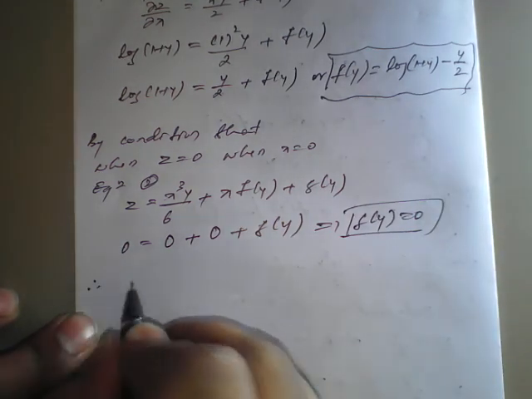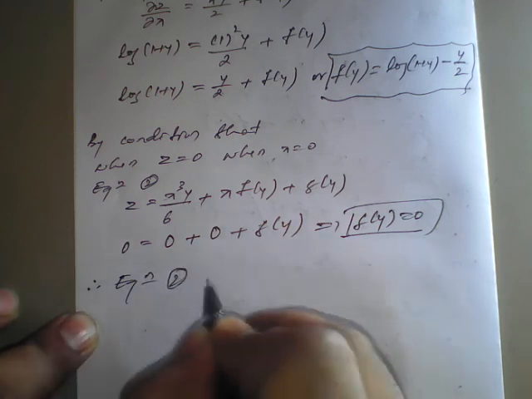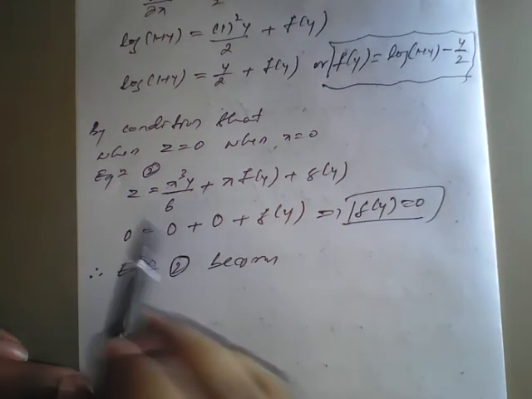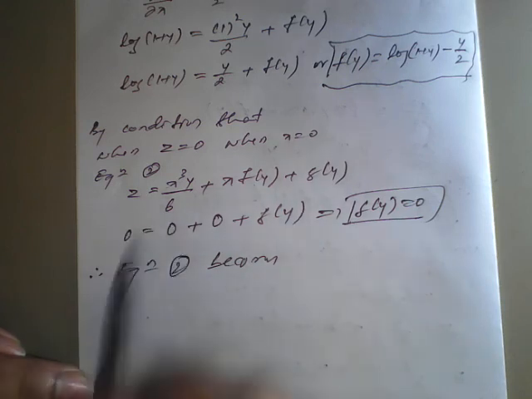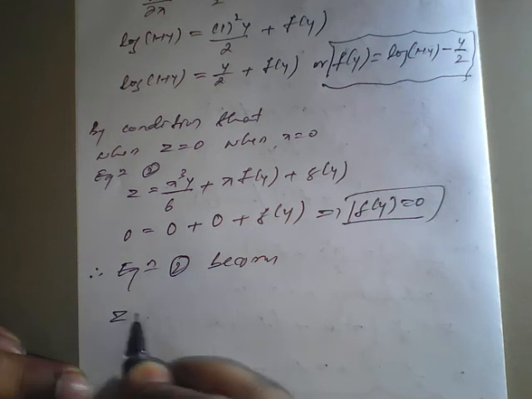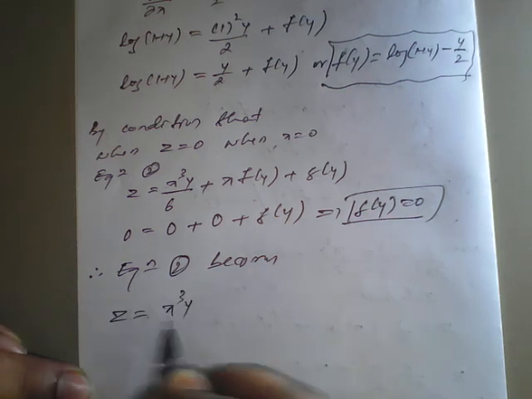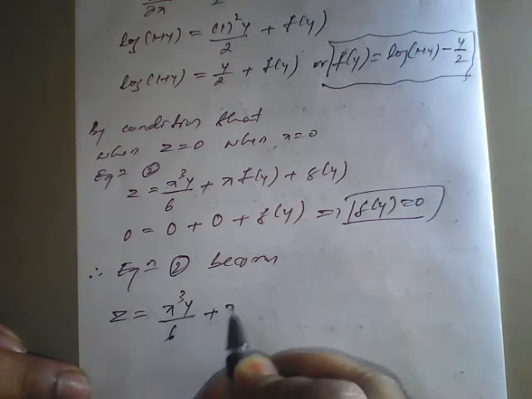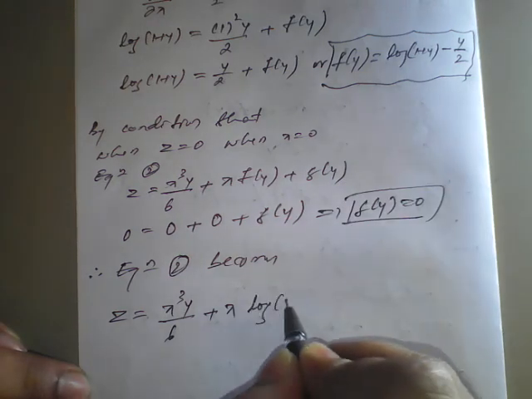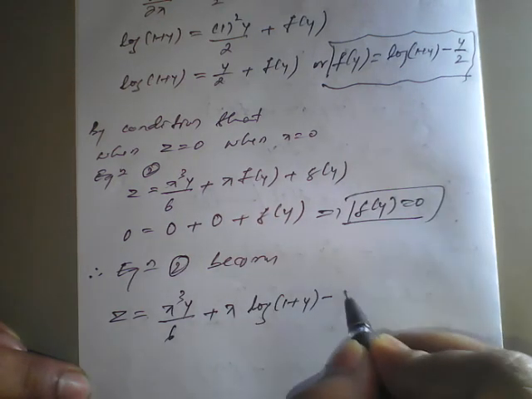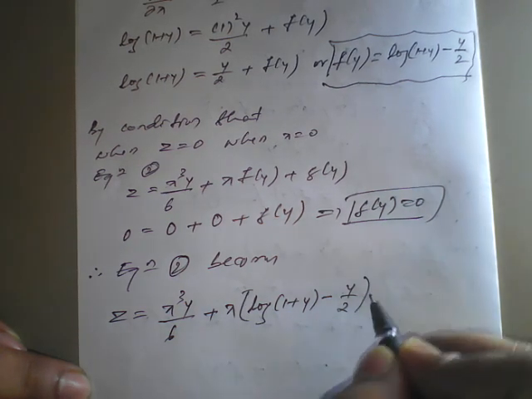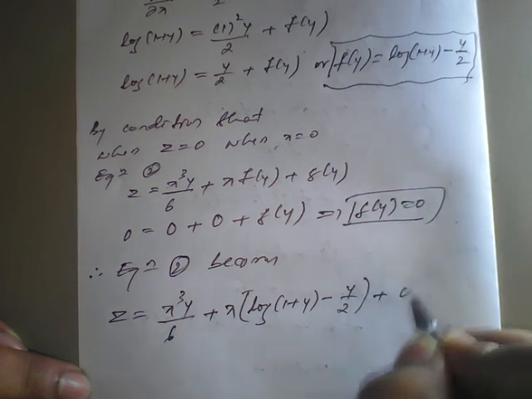So equation 2 becomes, what is equation 2? Here we need to substitute the values of g(y) and f(y) as z is equal to x³y/6 plus x into f(y), which is log(1+y) minus y/2, plus g(y) which is 0.